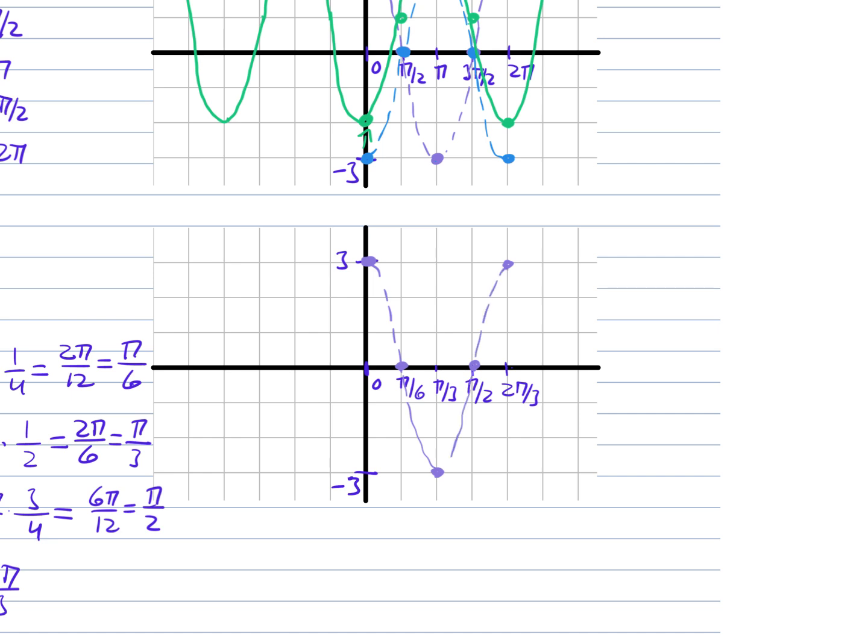Keep in mind, we do want to go up from this point 2 units. So move everything up 2 units, everything up. All right, and then we get a graph that looks something like that.